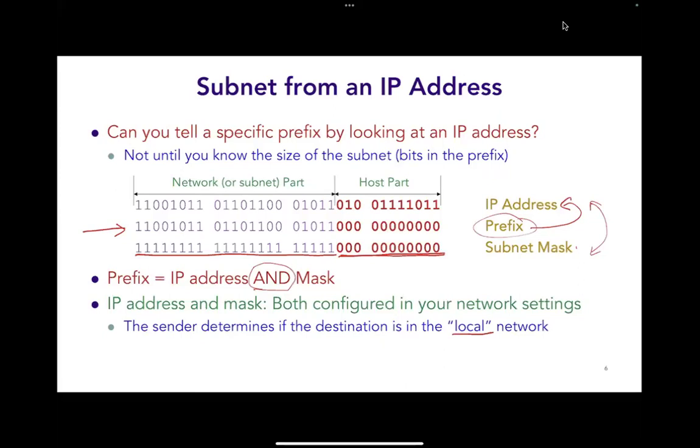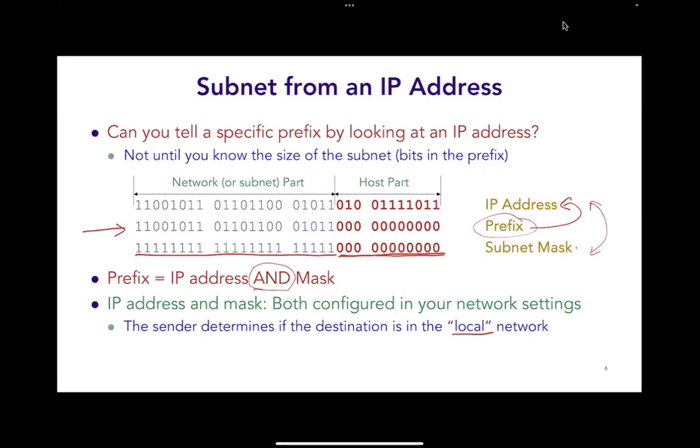So if a sender knows its own subnet mask, it will know its subnet part. If the subnet part of the destination is the same as the subnet part of the source, then the source will determine that the destination is in the same local network.